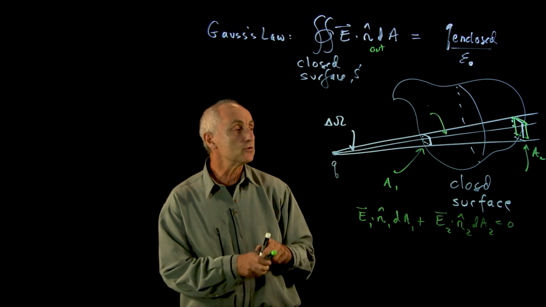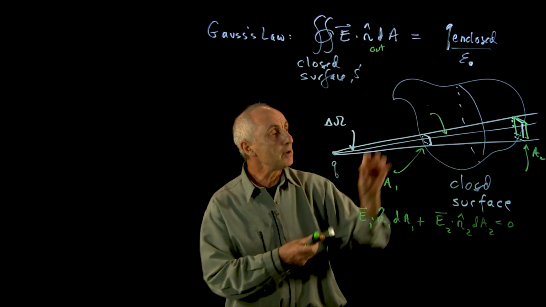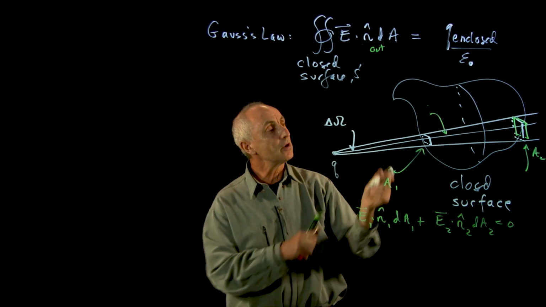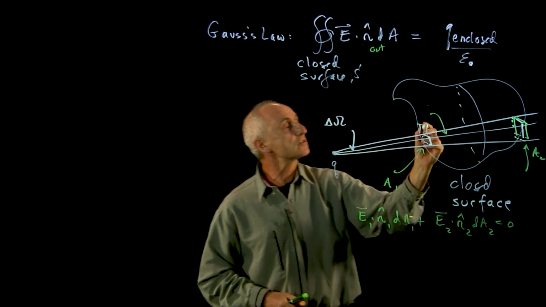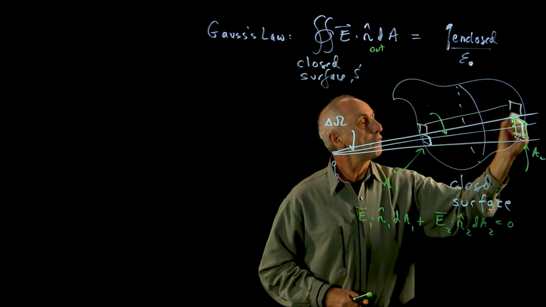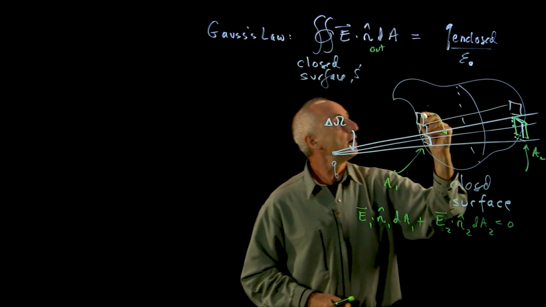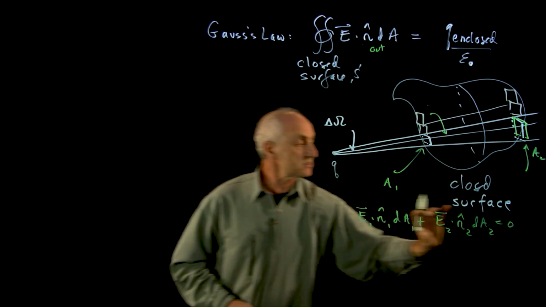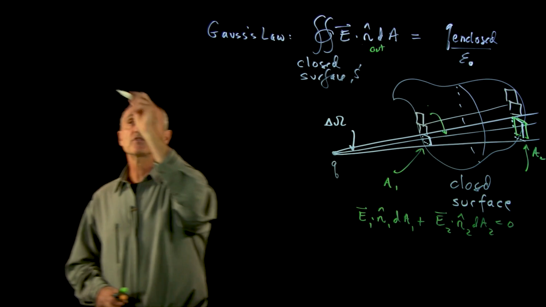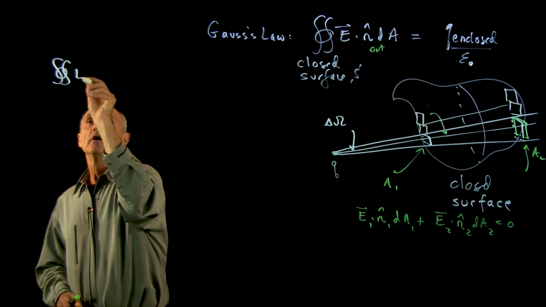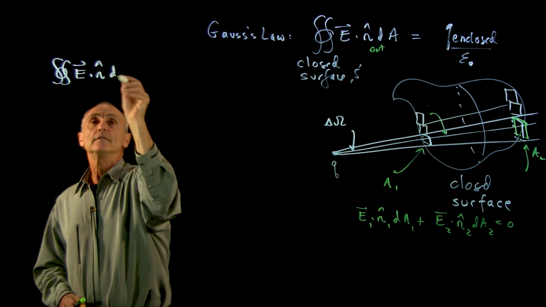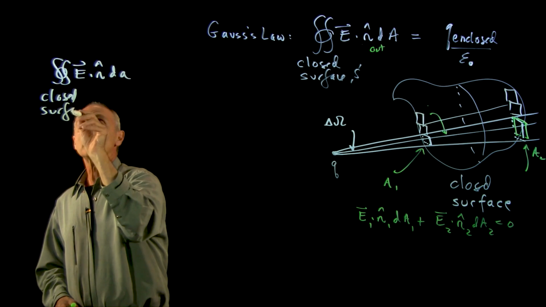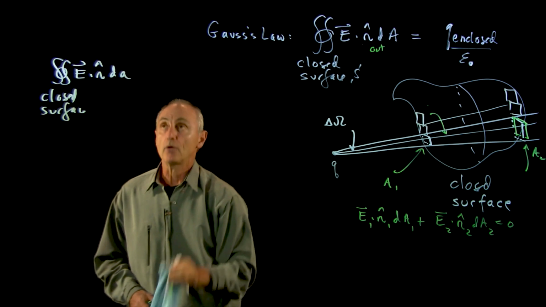And now what we do is we just add up. A surface integral adds up all these pieces. And so as we extend our surface over the whole piece, we're dividing up our surface into these wedge-like shapes. And so using this infinitesimal argument, the sum over the whole closed surface of E dot n hat dA, now, sometimes I'll write little dA, or I might write a big dA.